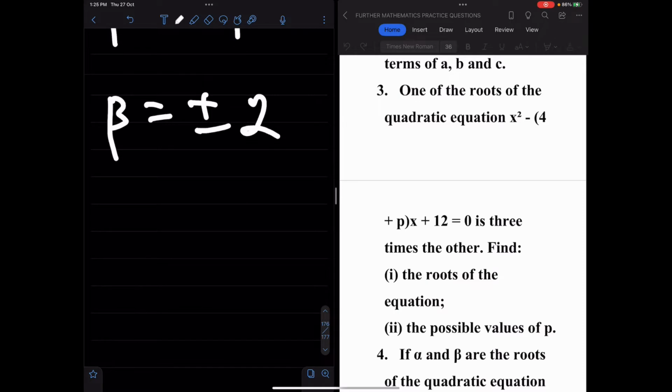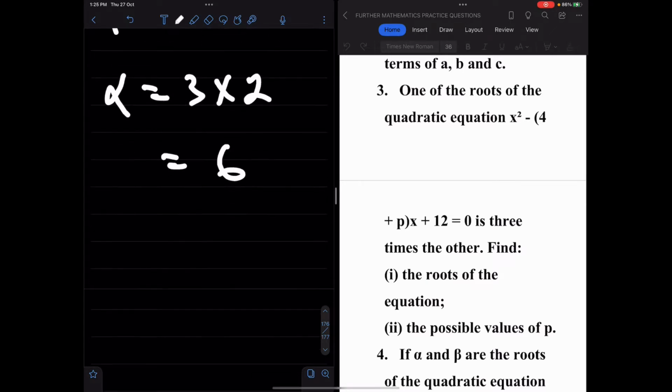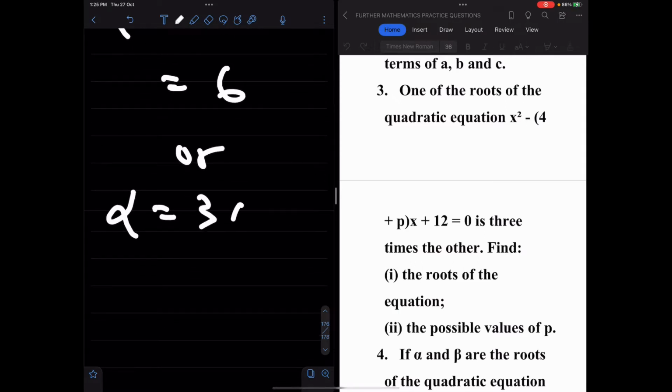So how do we find alpha? When beta is equal to 2, alpha is equal to 3 times 2, which is 6, or when beta equals minus 2, alpha is 3 times minus 2, which is minus 6.